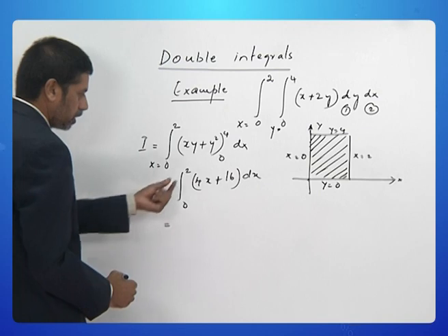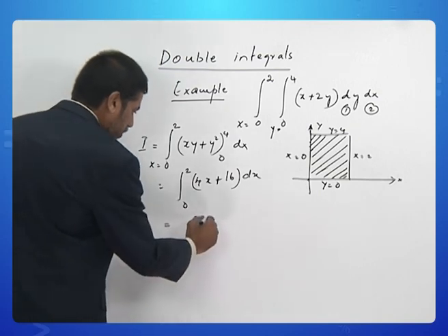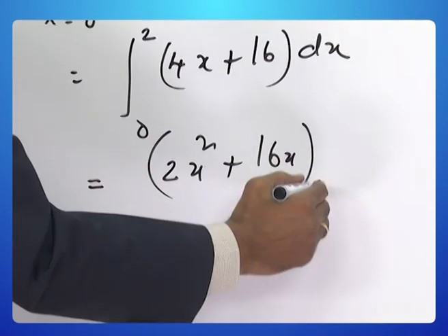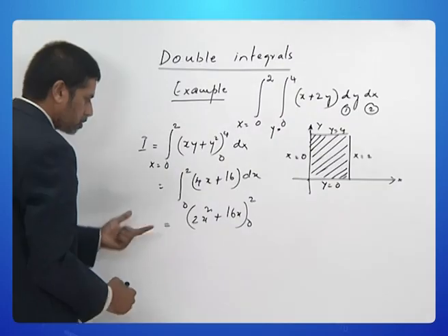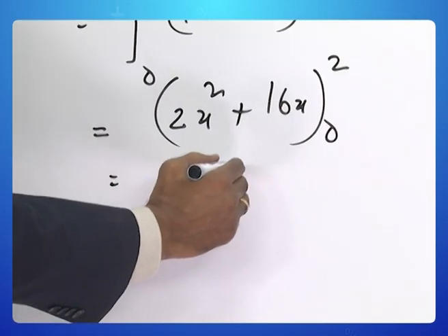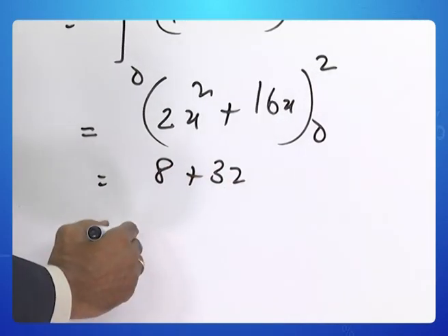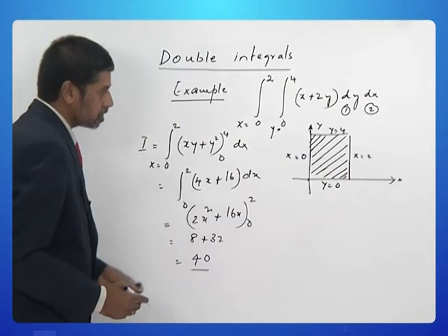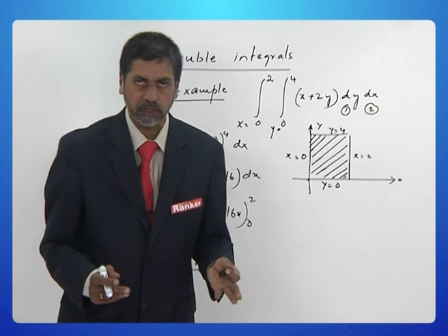So the integration of 4x is 2x squared plus 16x from 0 to 2. So this is straightforward. This becomes 8 plus 32, and therefore the answer is 40. So this is plain double integrals.